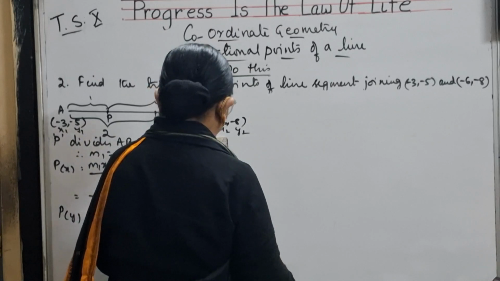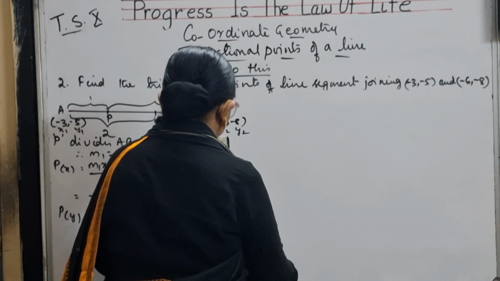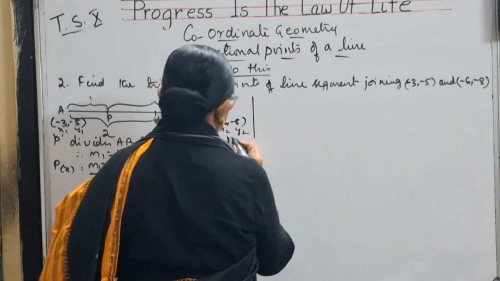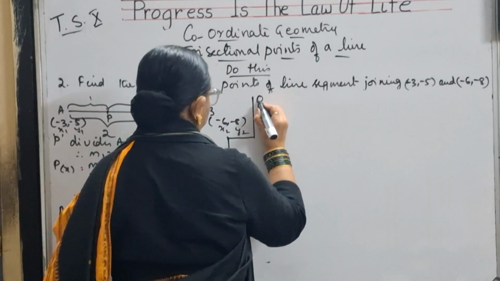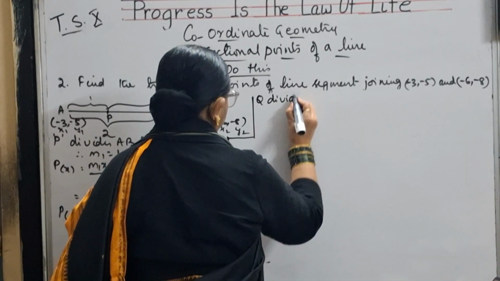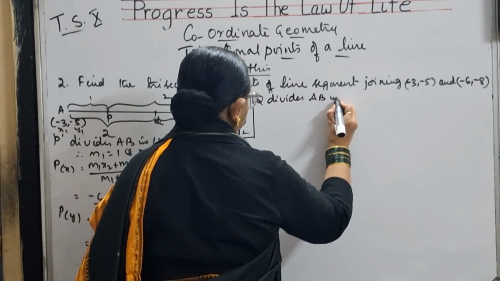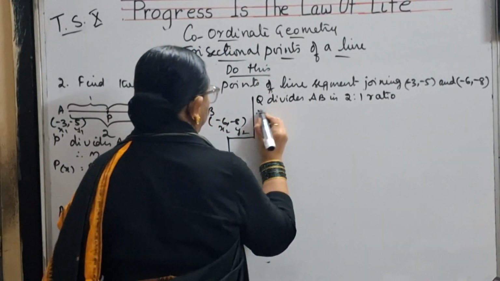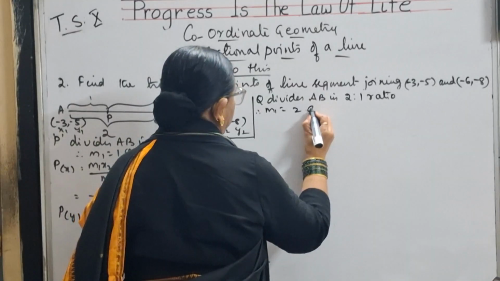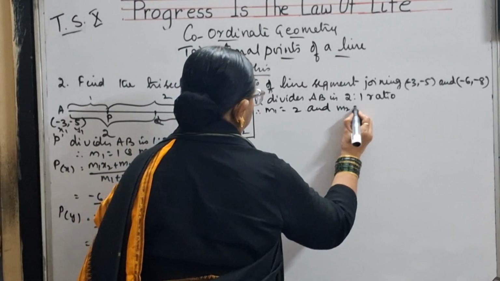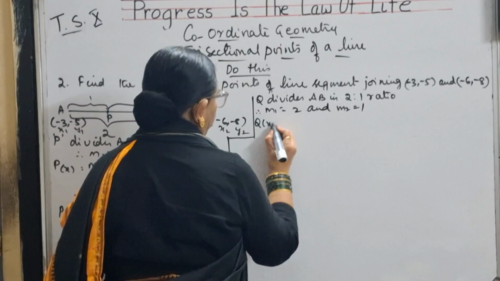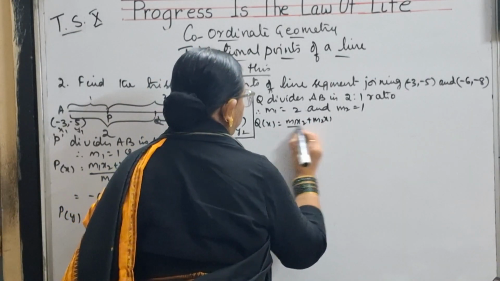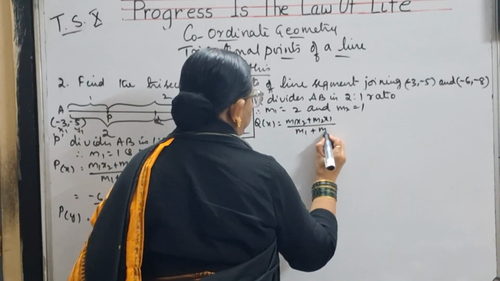Now, let us go for Q. Q divides AB in 2:1 ratio. Therefore, m1 is 2 and m2 is 1. Q of x is equal to (m1 x2 + m2 x1) by (m1 + m2).